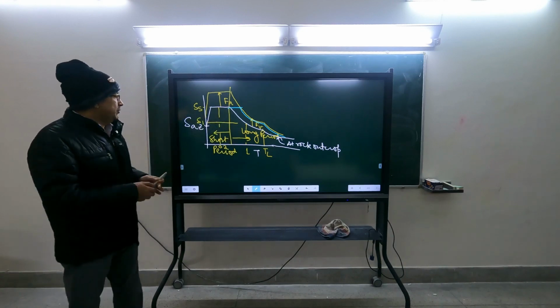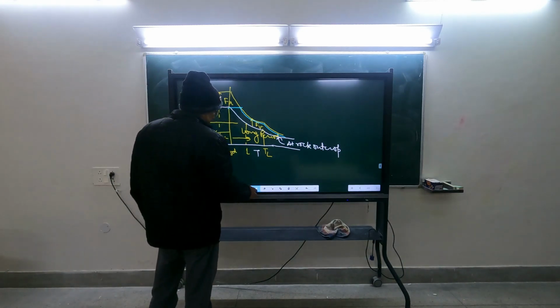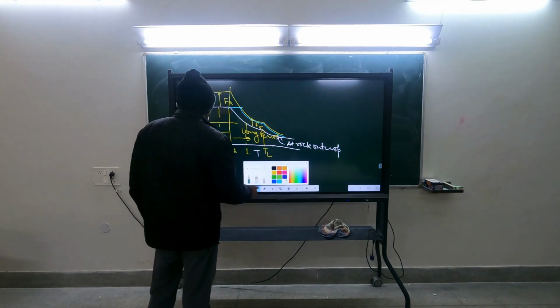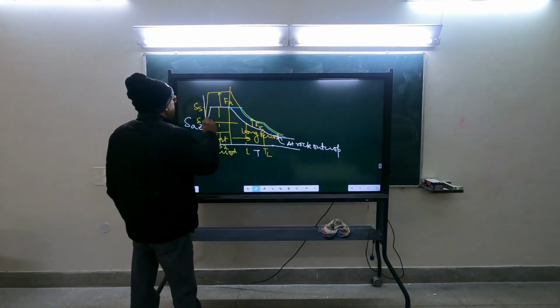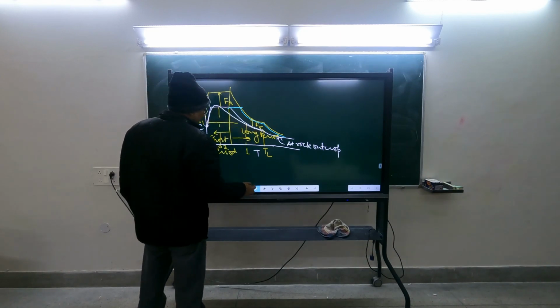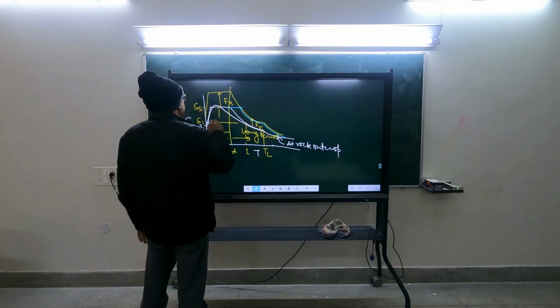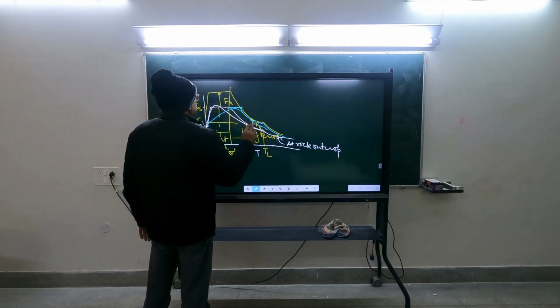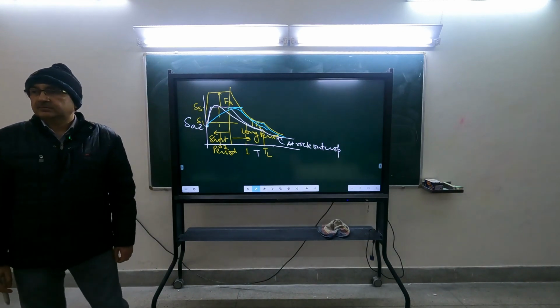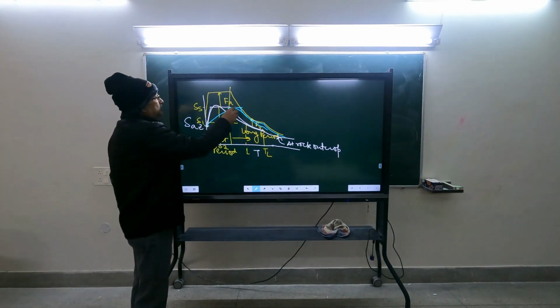If you see the real response spectrum, in case of hard rock it will be something like this, and in case of soil, it may be like this. So this corresponds to this period.